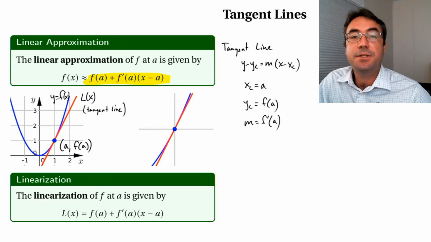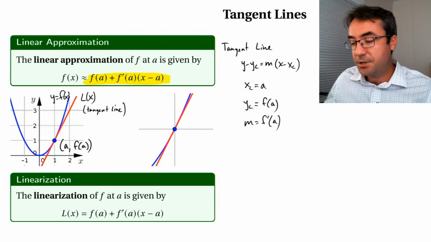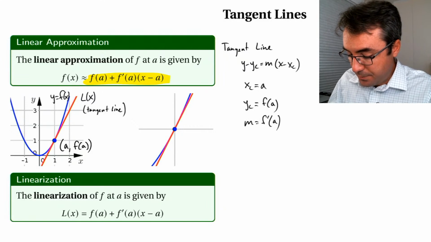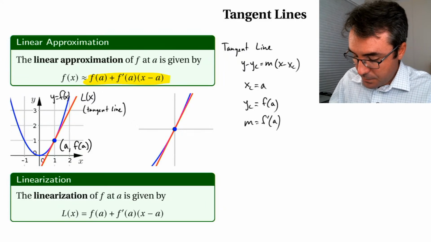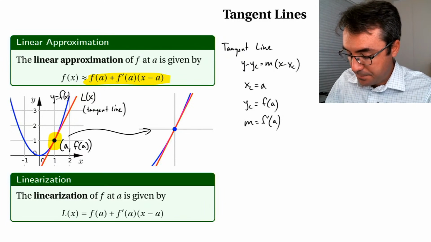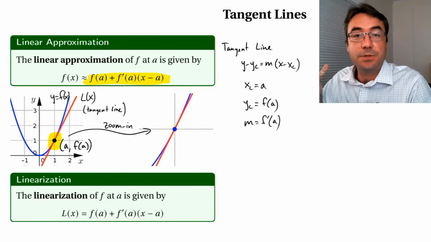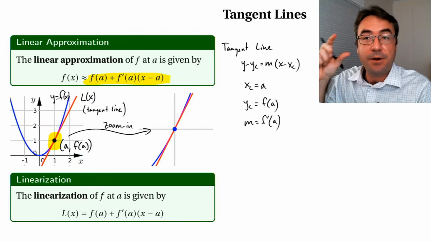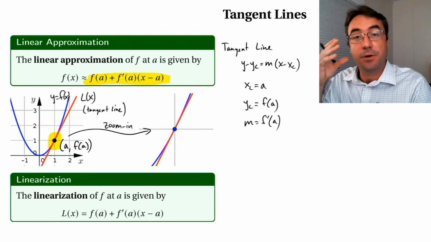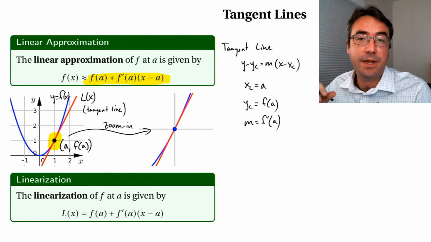And so why does this approximation work? Well, for functions that are differentiable, if we look at that point of tangency, so if we were to really zoom in, so there's our point there. If we were to zoom in on that point, what we see is that the actual curve and the actual tangent line look very similar. They're almost indistinguishable right around that point of tangency.